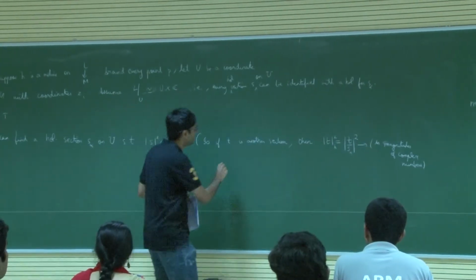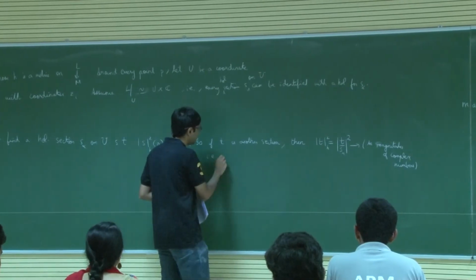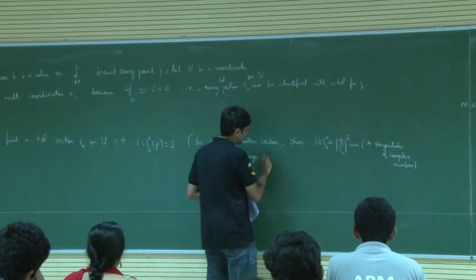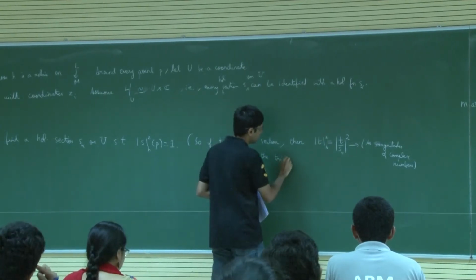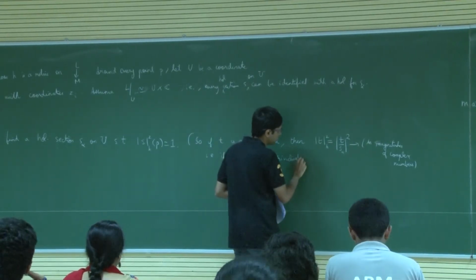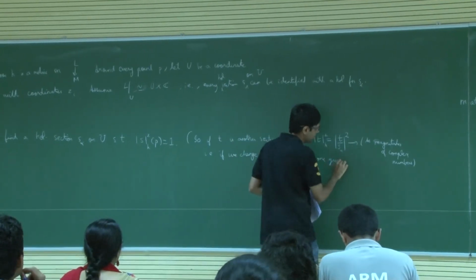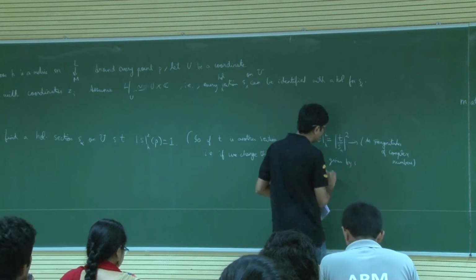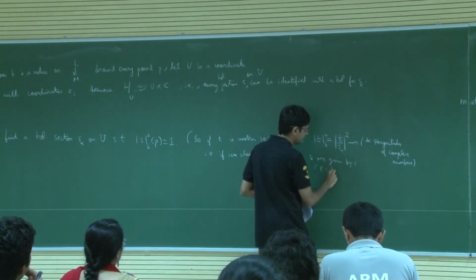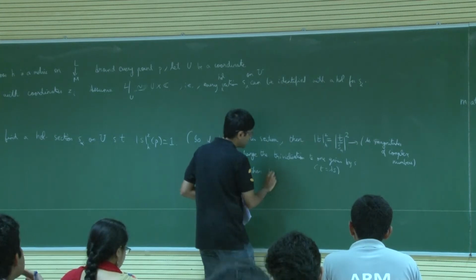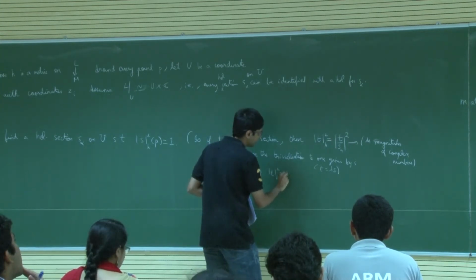In other words, if we change the trivialization to the one given by s, so that T is some lambda times s, then mod T squared is exactly mod lambda squared.